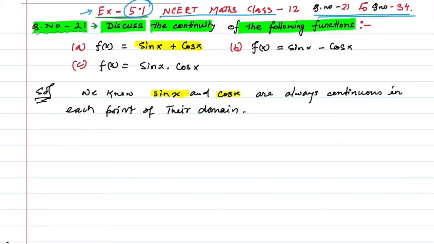Now you see, if two functions, suppose one is g(x) and another is p(x), are continuous, then their sum, their difference and their product are also continuous. So remember that.